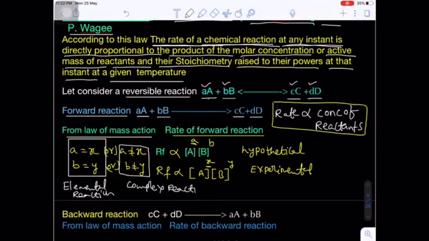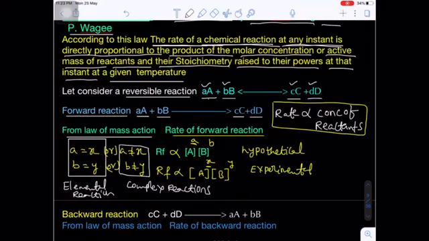Complex reactions are those reactions which occur in more than one step. Elementary reactions are those which occur in a single step. Let's suppose in organic chemistry we know the SN2 reaction, a concerted reaction, a one step reaction. The E2 reaction is also a concerted, one step reaction. In a one step reaction the stoichiometry and the powers are both equal, but in a complex reaction it is not possible because there are more than one steps involved.